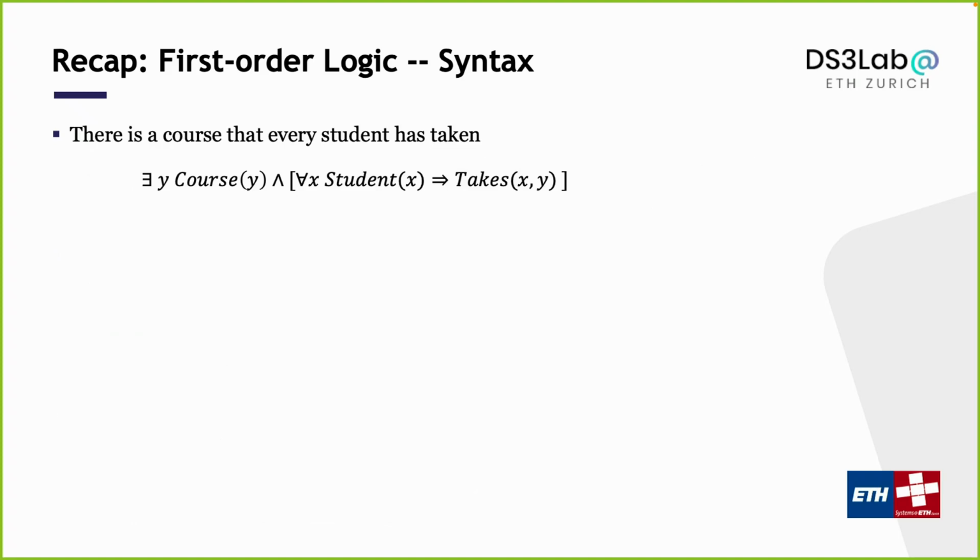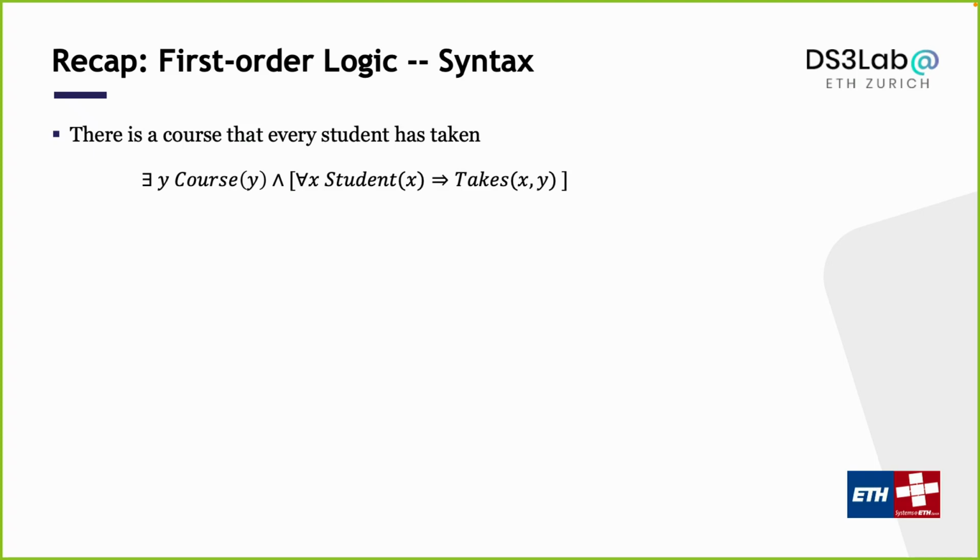Given this, you can write a whole bunch of statements or sentences. For example, take the natural language sentence: there's a course that every student has taken. You can write a logical formula to describe that sentence. Essentially it says there exists y such that y is a course, and for all x, if x is a student, it implies x takes y.